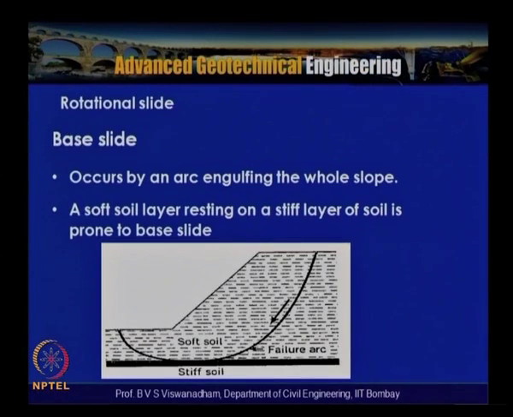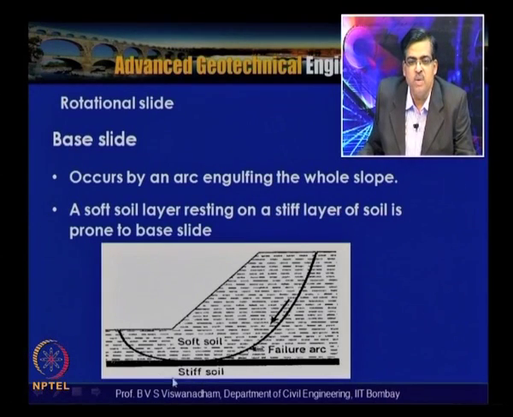So the base slide occurs by an arc engulfing the whole slope, that is, the predominant portion is in the soft soil. This is the portion which is there in the soft soil. Because this soil is stiff, the failure surface mobilizes along the weak zones where the strengths are low, and this entire zone is mobilized and undergoes a so-called base failure.